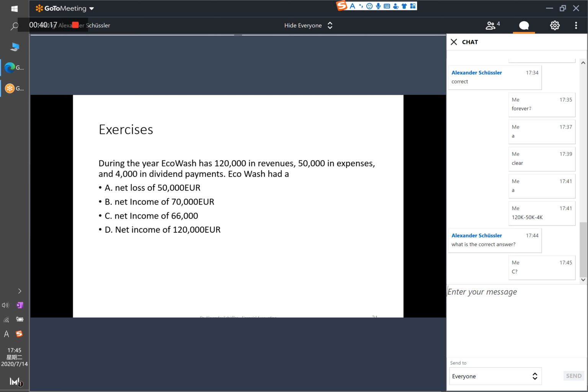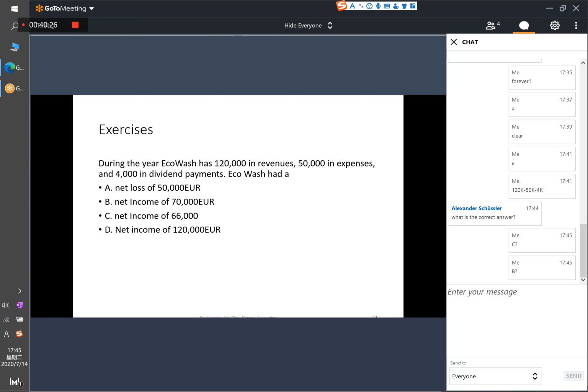All the income here is revenues, which is 120,000, minus the expenses, and the expenses are 50,000.